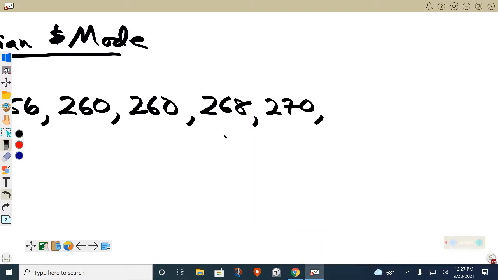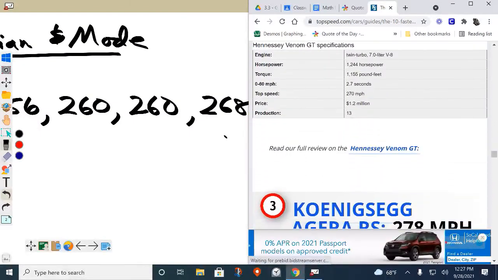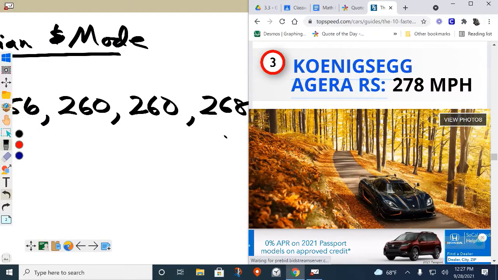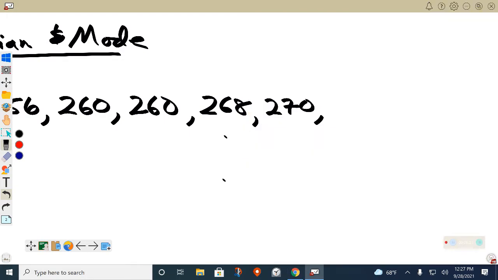So far, so good. Now we're down to the top 3. Coming in at third is the Koenigsegg Agera RS. The one that was 8th place was an R. This is an RS, coming in at 278 miles per hour top speed.